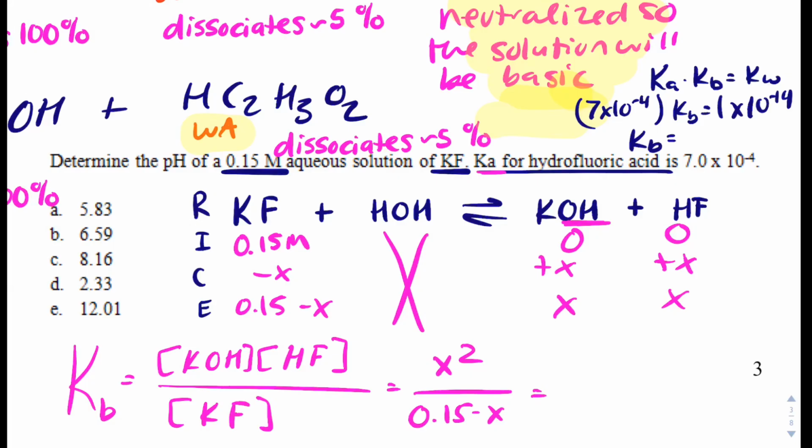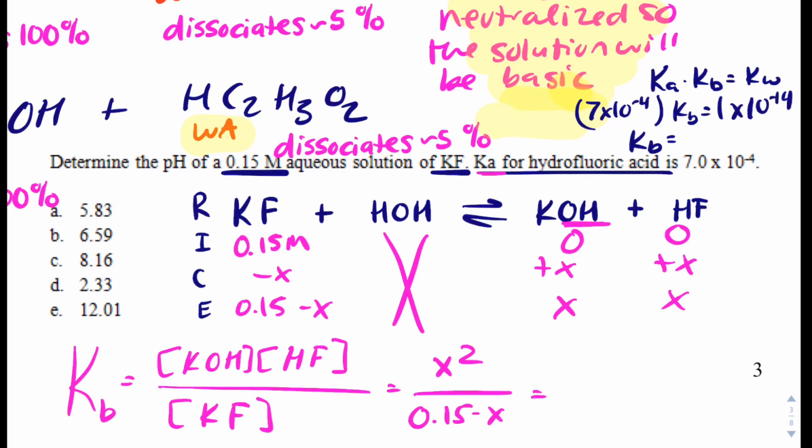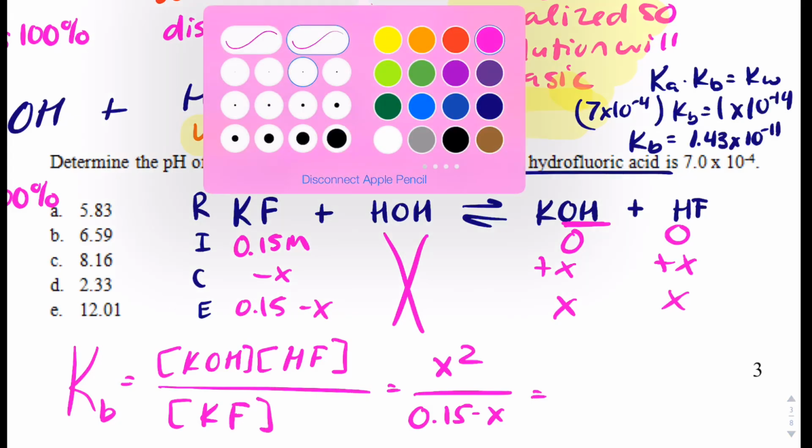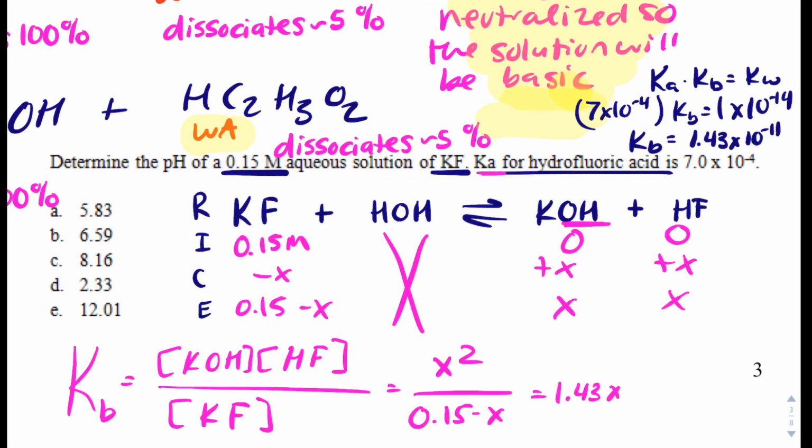So let me plug that in. And my Kb is 1.43 times 10 to the minus 11. I can use the 5% rule because I'm solving for x, so times 0.15, take the square root of that, or take it to the 1/2 power, and x gives me 1.46 times 10 to the minus 6.